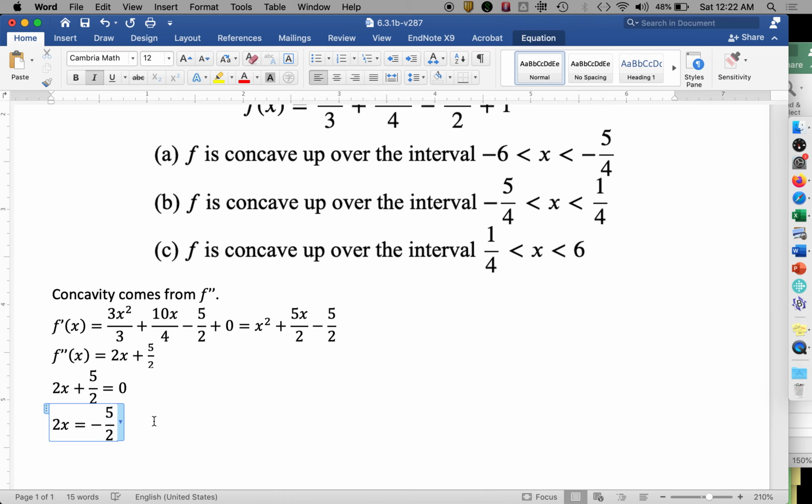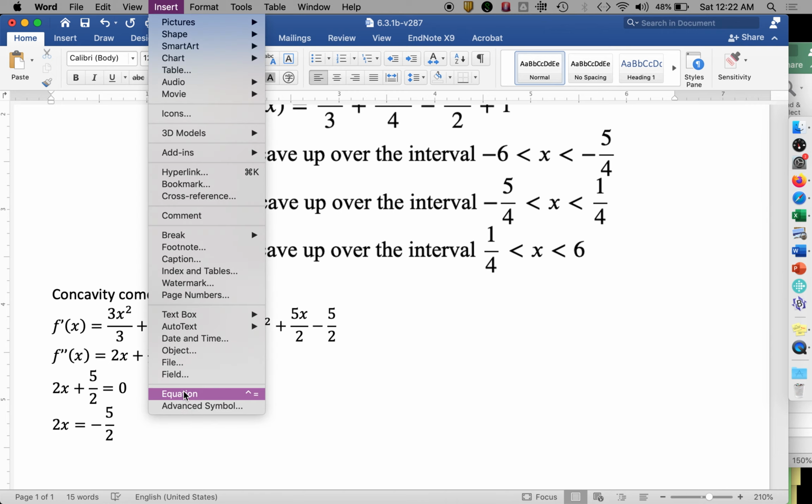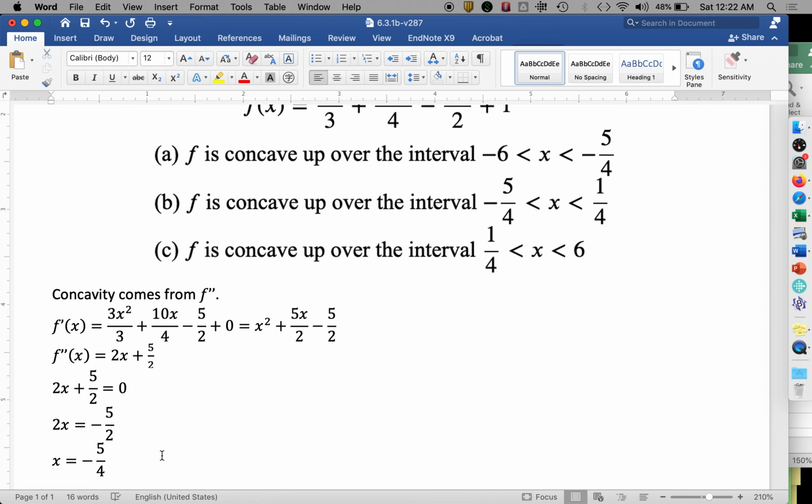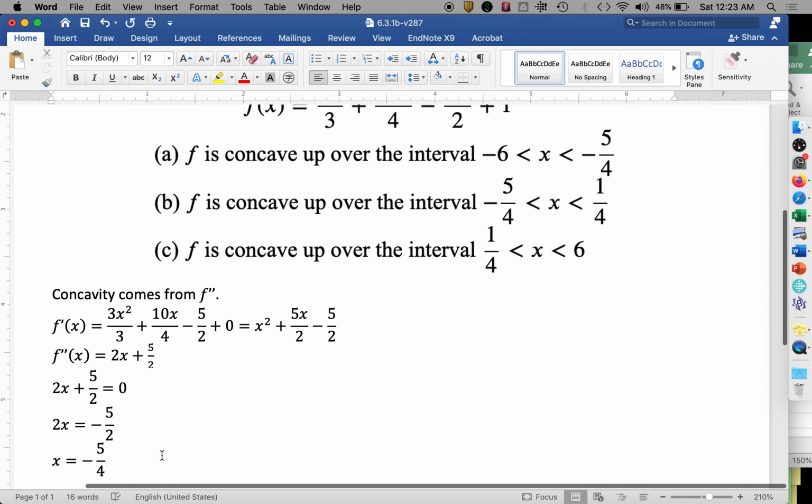Okay, and then divide by 2, right? So I'll get that x is equal to negative 5/4. Okay, that's the location of our only possible point of inflection.